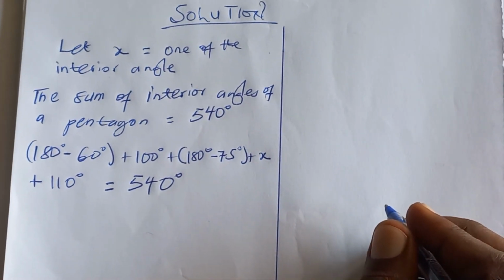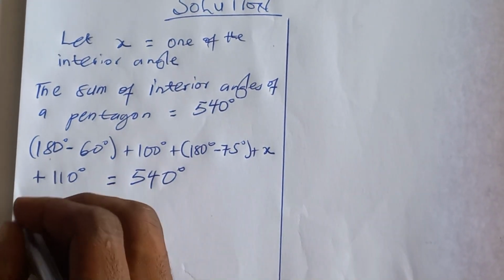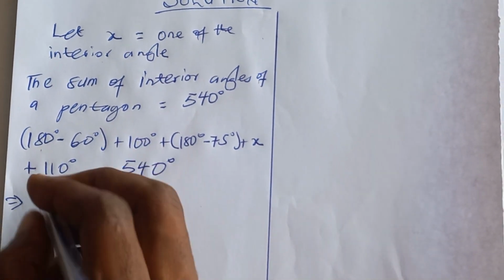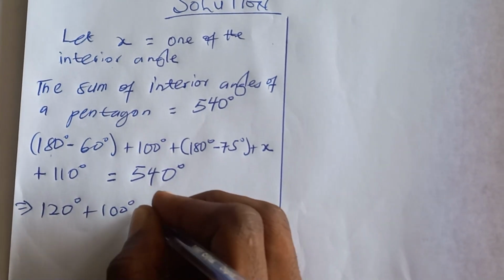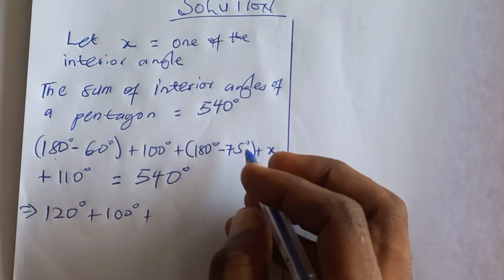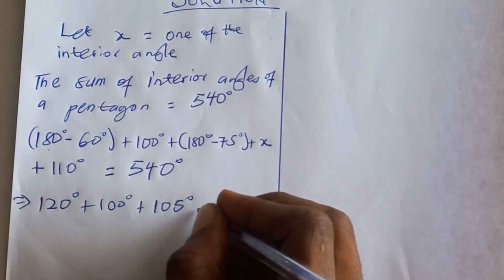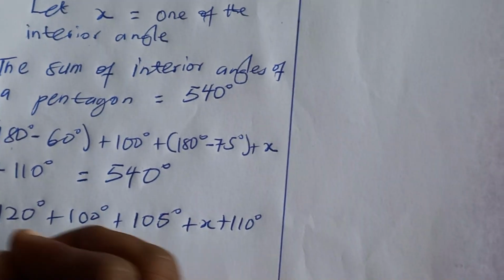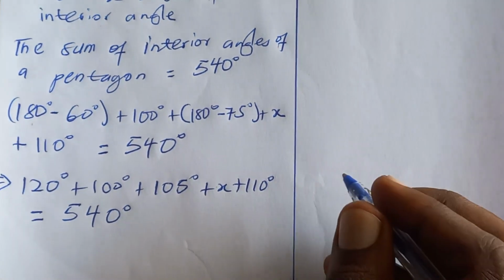Good. So let's simplify some terms here. 180 minus 60 degrees, we are getting 120 degrees, plus our 100 degrees, plus 180 degrees minus 75, we are getting 105. So 105 degrees plus our x plus the 110 is equal to 540 degrees. Good.